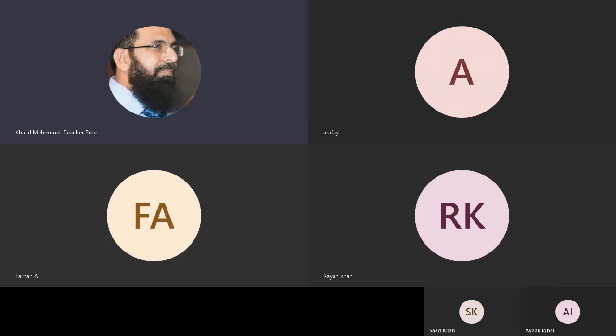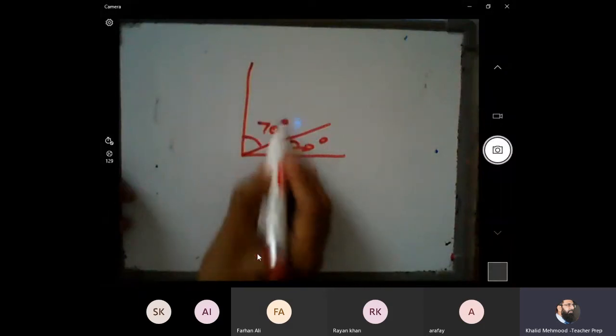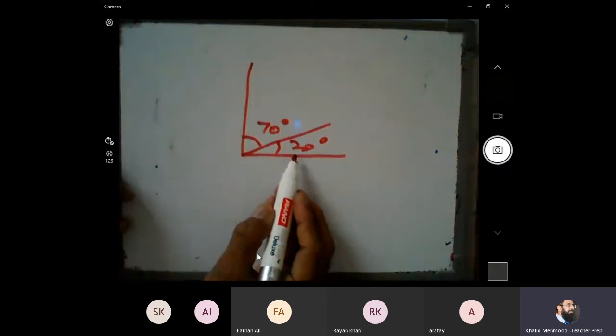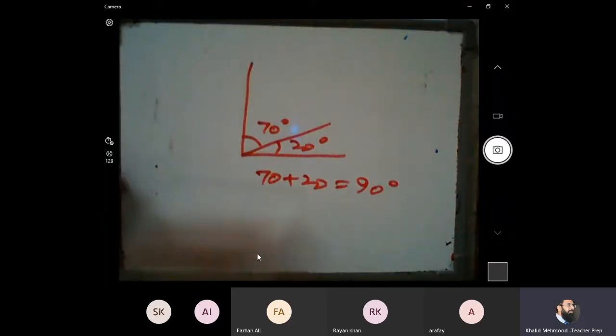This is 90 degrees, and if there is 20 degrees and then 70 degrees, this is a complementary pair because 70 plus 20 is 90 degrees.